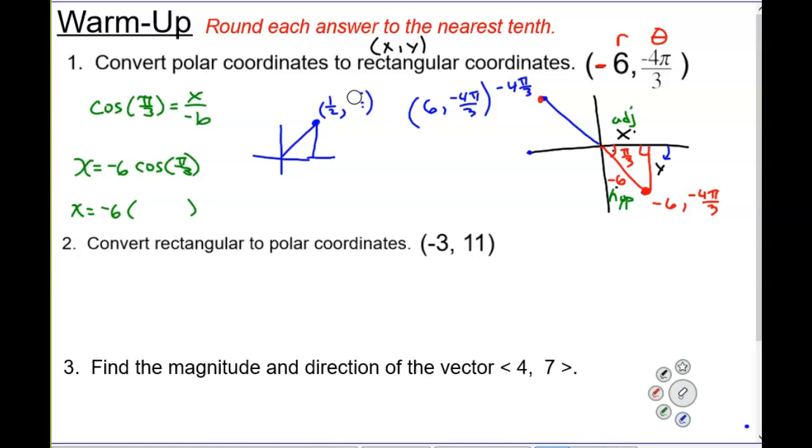Let's flip that around. So which one's the cosine? Here's cosine. Actually, because we're in quadrant, well, we'll deal with it in a second.